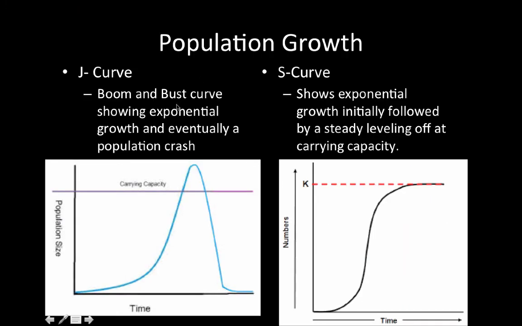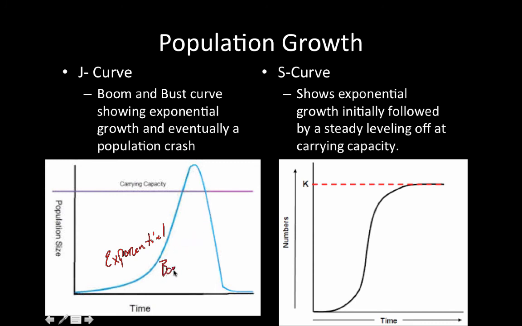So what kind of population growth do we see? Like I said, in the last slide you saw J and S curves together. All I wanted to show you here is that this is exponential growth. So this is our exponential growth here all the way up. And then usually it leads to population crash.